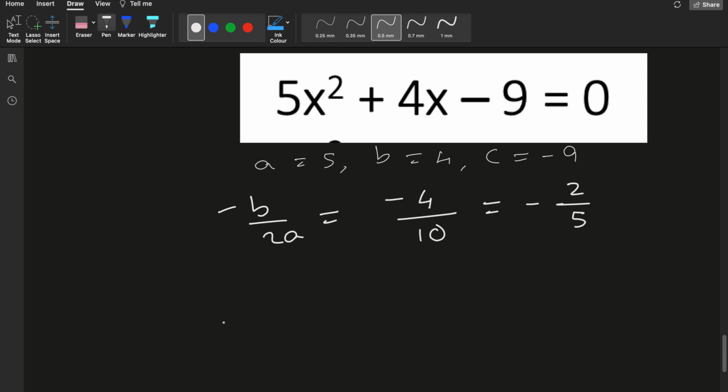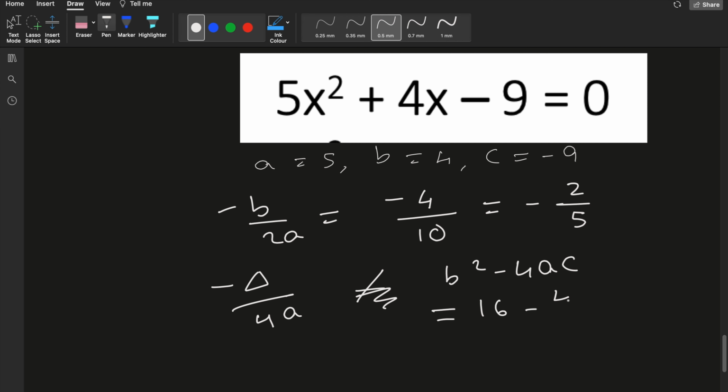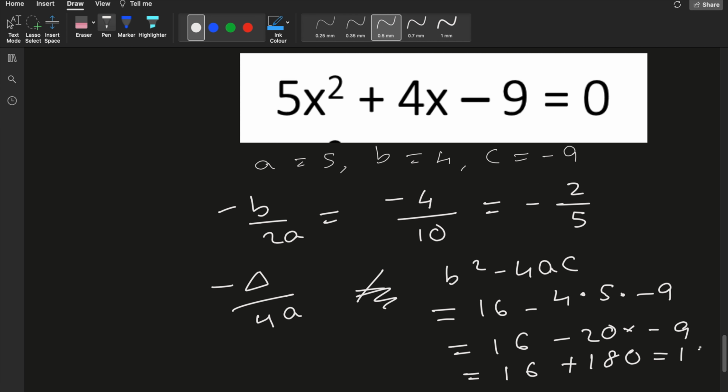And the y coordinate would be minus delta divided by 4a. Over here, b squared minus 4ac equals 16 minus 4 into 5 into minus 9. That's 16 minus 20 into minus 9, 16 plus 180, that would be 196.